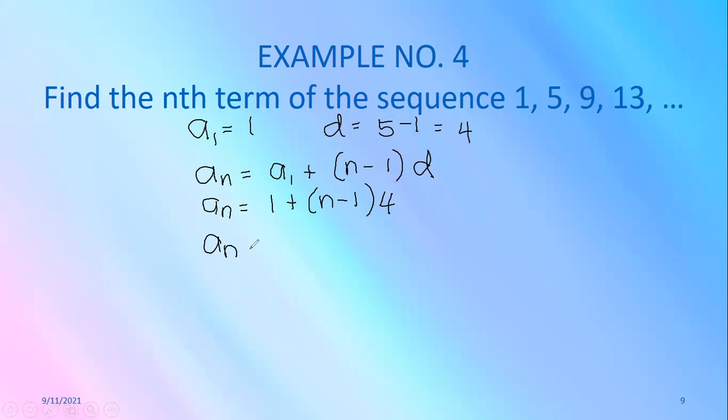Simplifying the equation, this will be 1 plus 4 multiplied by n, that's positive 4n. How about 4 multiplied by negative 1? That's negative 4. And your a sub n now will be 4n minus 3.